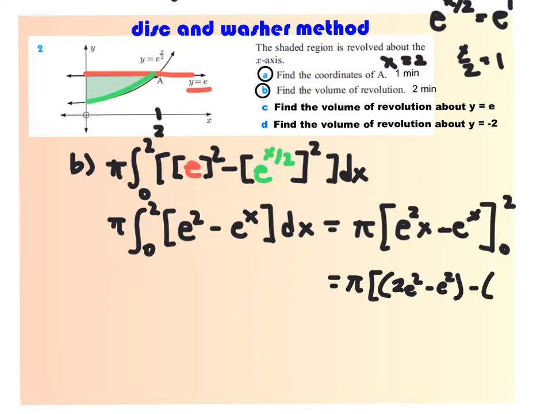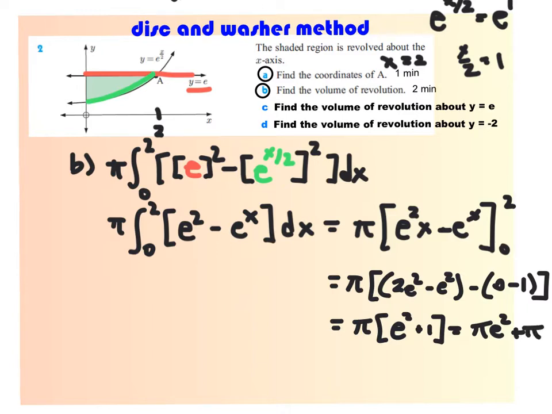If I plug in a 0, I'll get 0 minus 1. So the answer to this would be pi times the quantity e squared plus 1. If you left your answer as pi e squared plus pi, that would also be sufficient.